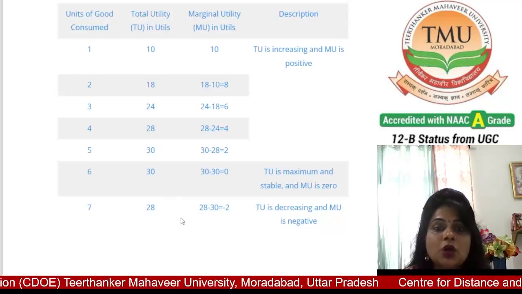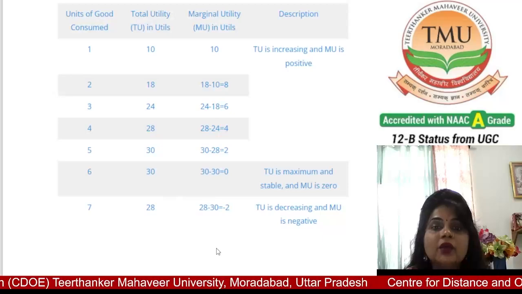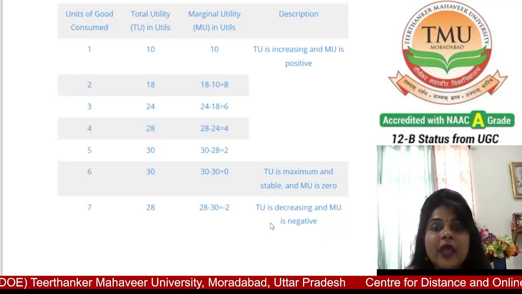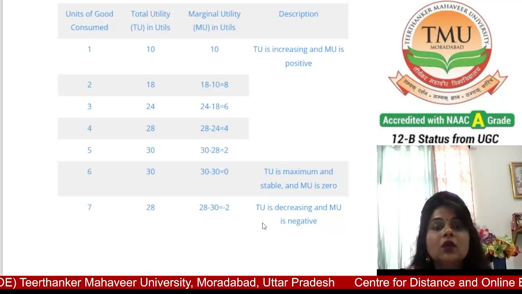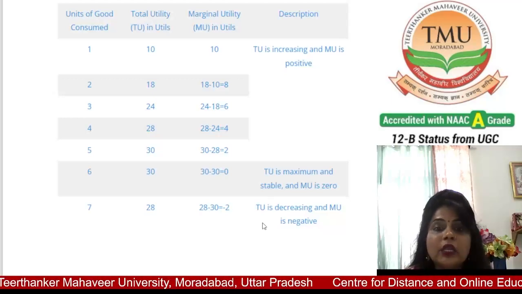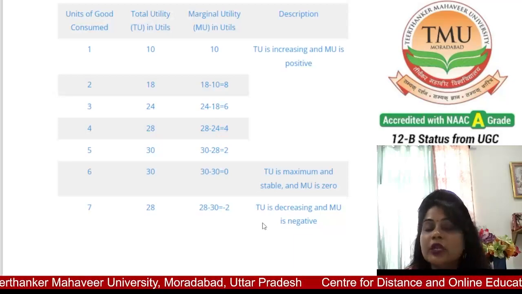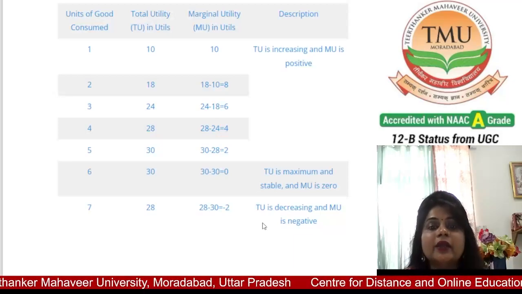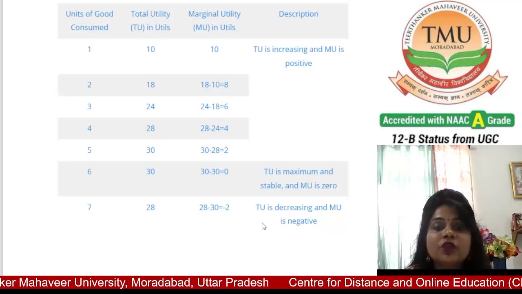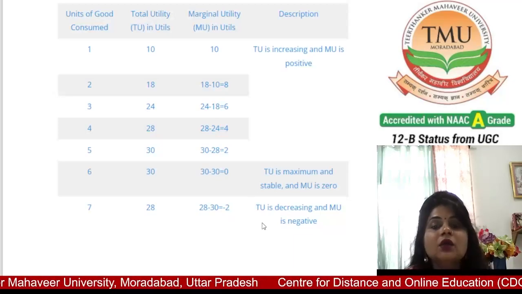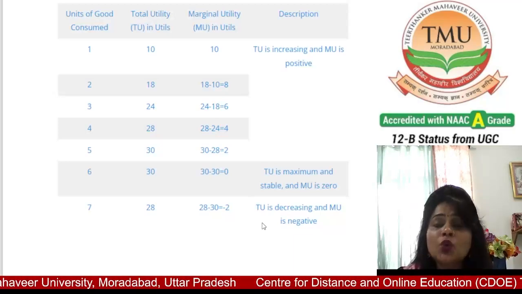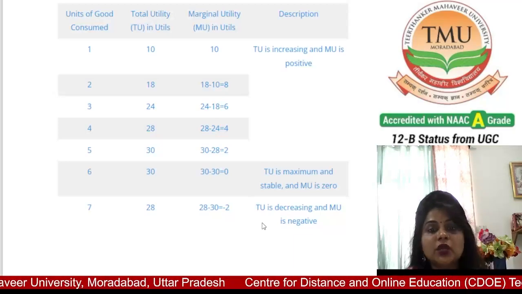With the third unit, the consumer gets 24 total utility and 6 marginal utility. With the fourth unit consumed, the consumer gets 28 total utility and 4 utils marginal utility. With the fifth unit, the consumer gets 30 utils total utility and only 2 utils marginal utility.